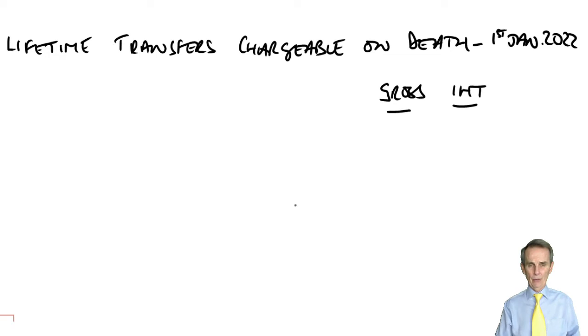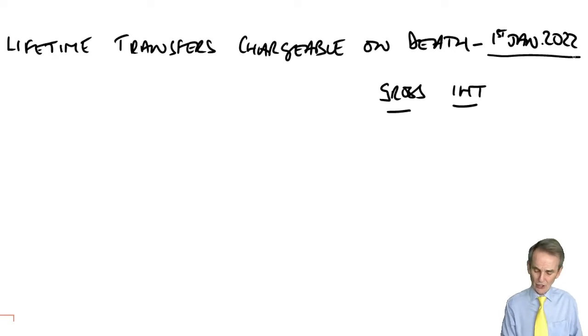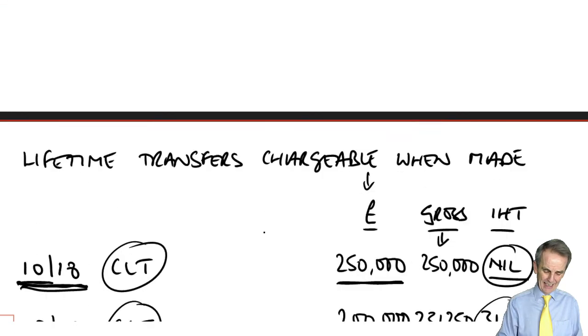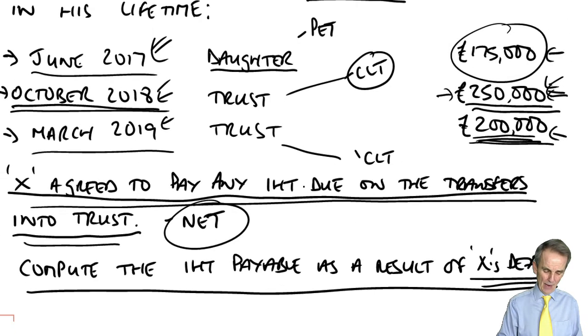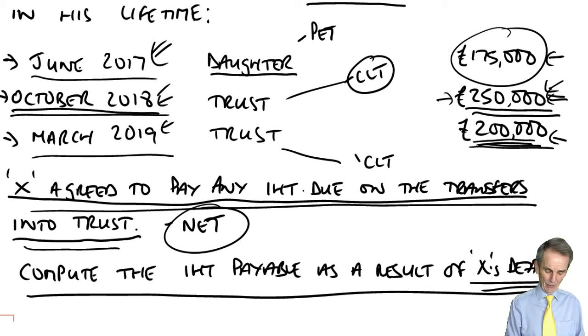But again, remember the process. What is the date of death? Hence why I've written it there, 1st of Jan 2022. We go back 7 years. Back 7 years takes us to the 1st of January 2015. And we then come forward looking in the question for the first lifetime transfer made within that 7 year period.